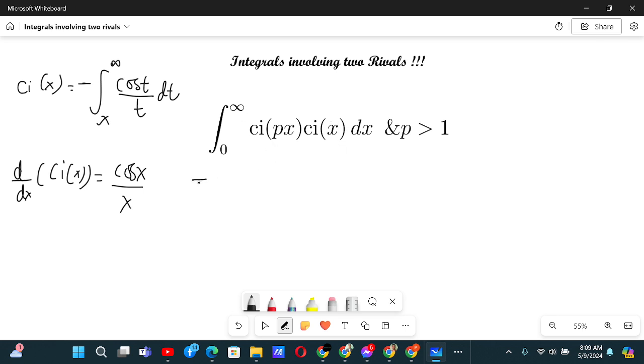Let us name this integral I of p, so we have the integral from 0 to infinity of Ci of px times Ci of x dx. Please note that p is greater than 1.